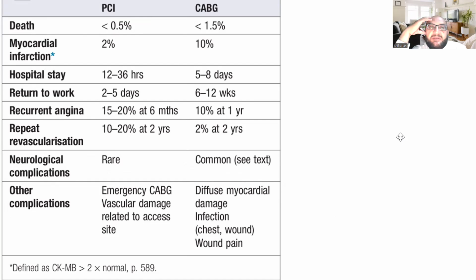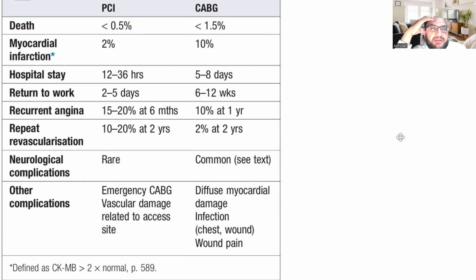surgery. So in comparison, death in PCI is less than 0.5% versus CABG less than 1.5% during the procedure. Myocardial infarction 2% versus 10%. Hospital stay is shorter in PCI and longer in bypass, up to 8 days.